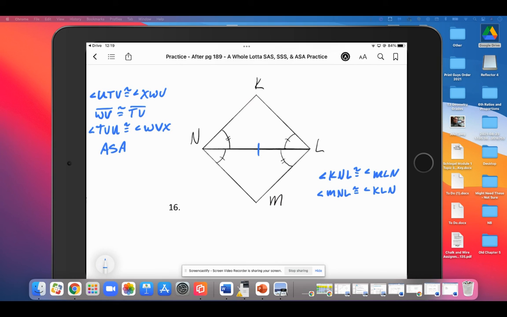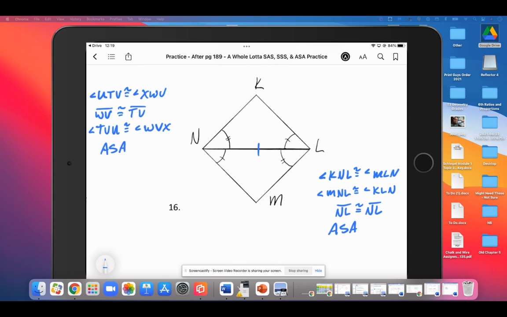And then we do see that NL is congruent to NL because of the reflexive property. So we do have a side trapped between two angles. We can use angle side angle for that one. This is going to be it for that.